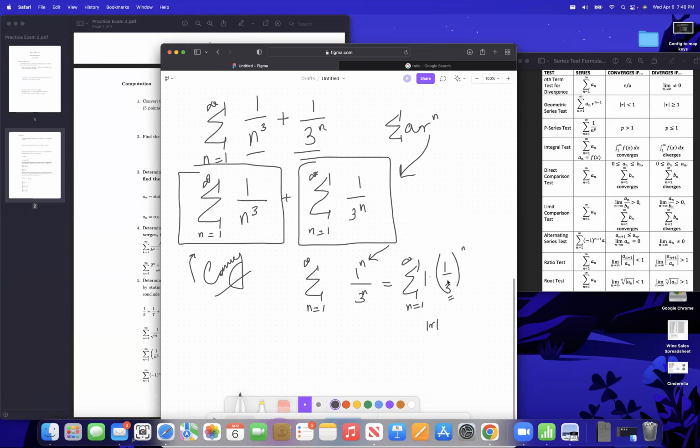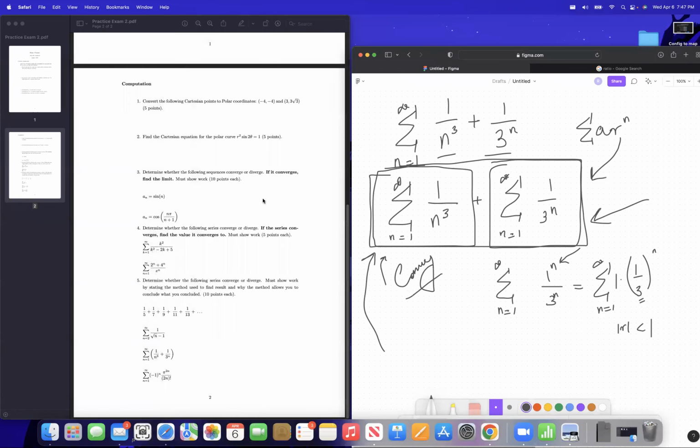Now, if you're unsure, 1 over 3 is actually 0.3, which is less than 1. And if it's less than 1, then we converge. So this whole thing should converge. We have (1 over 3) to the n, and 1 over 3 is less than 1, so by the geometric series test, this converges, and this also converges here.